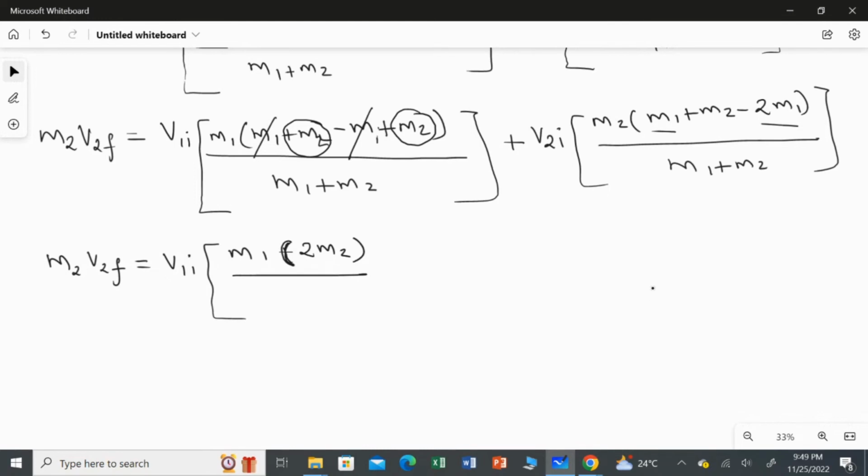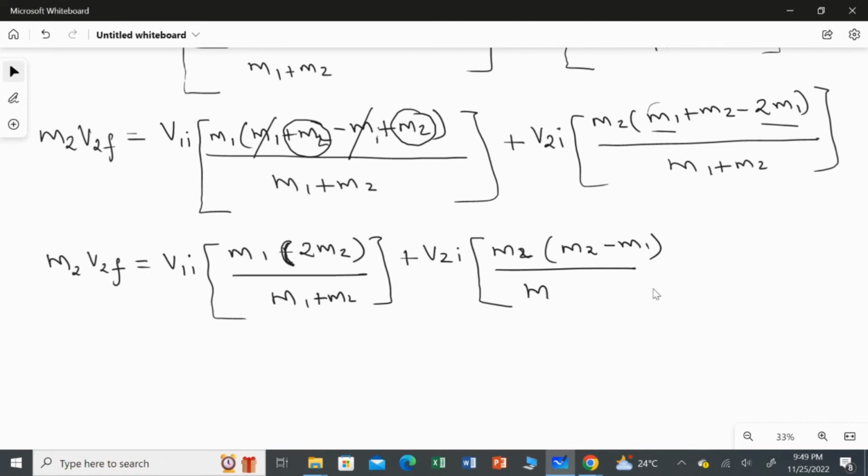Divided by M1 plus M2, plus V2I, M2 multiply with M2 minus M1. Why it is minus M1? Plus M1 minus 2M1 becomes minus M1, correct? Divided by M1 plus M2, correct? Okay, I have to close this bracket.